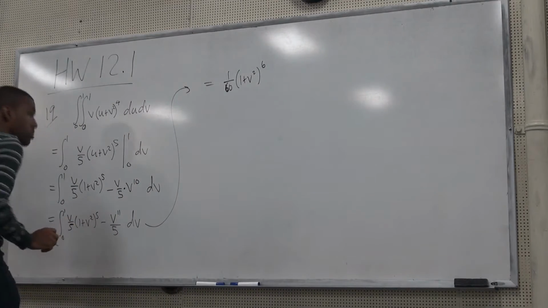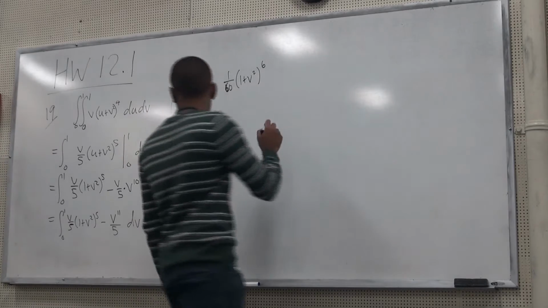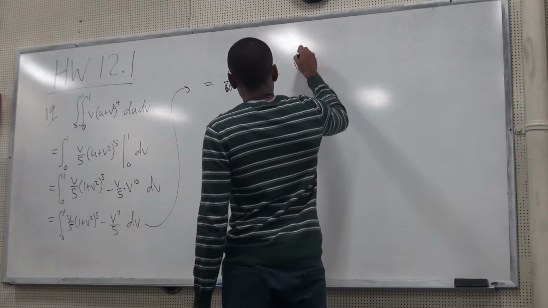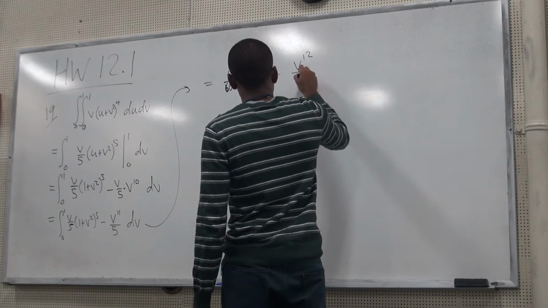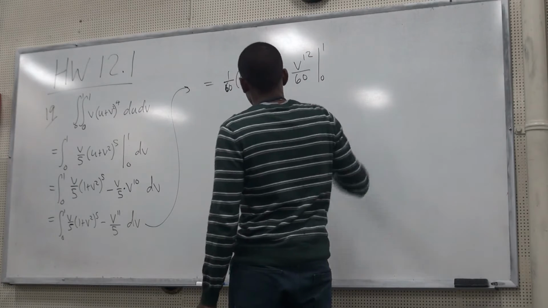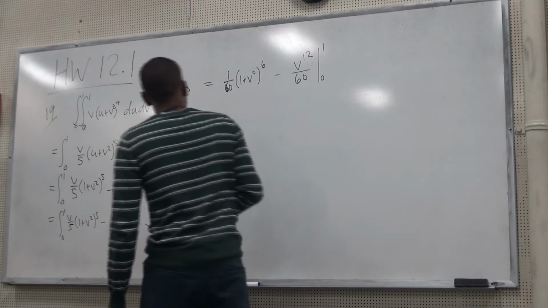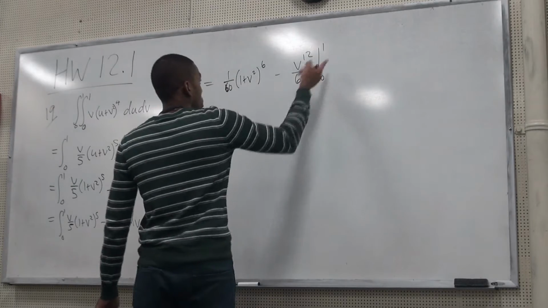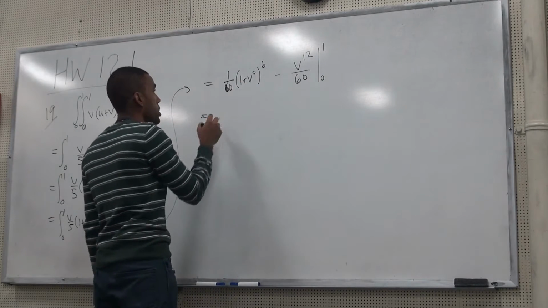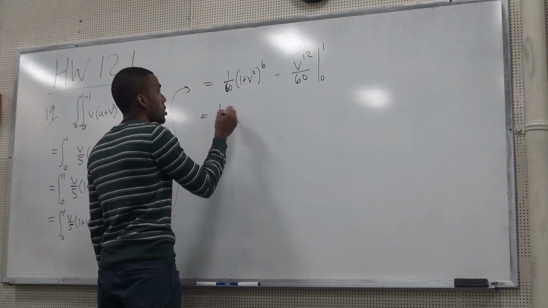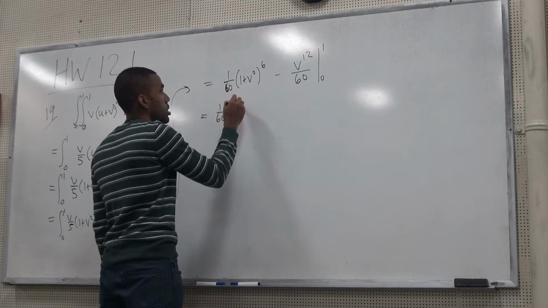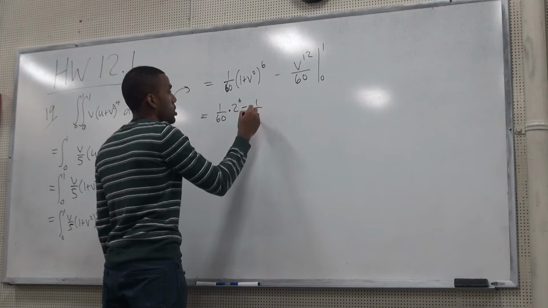This is a 5. Right? And then minus v to the 12 over 5 times 12, which is also 60. And now we just plug in the limits. So plug in 1 for v. So we get 2 to the 6 minus 1 to 6.